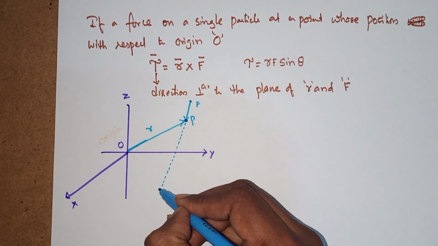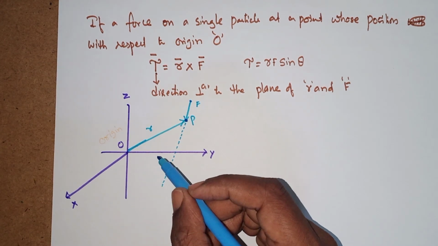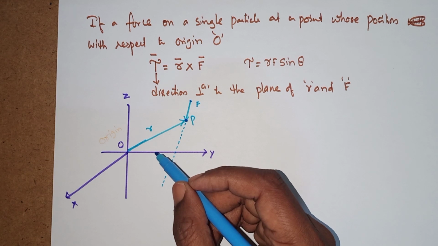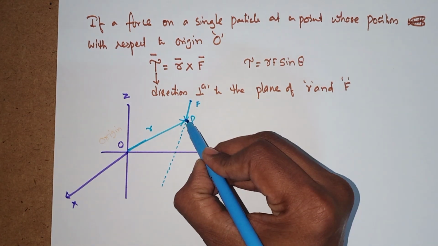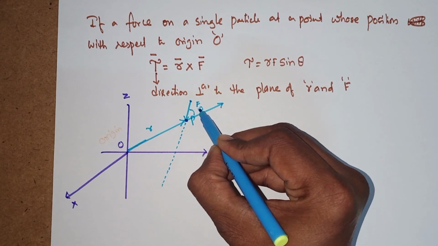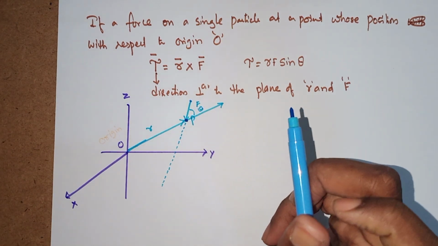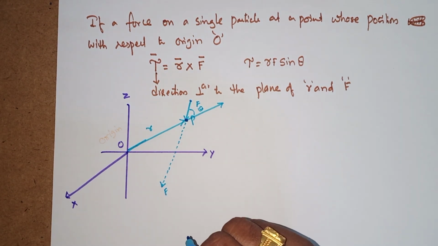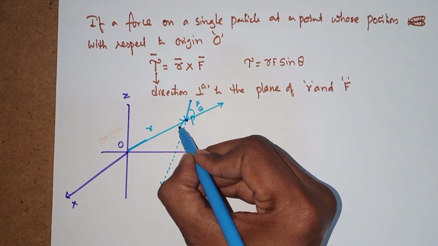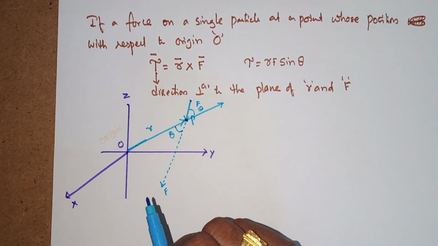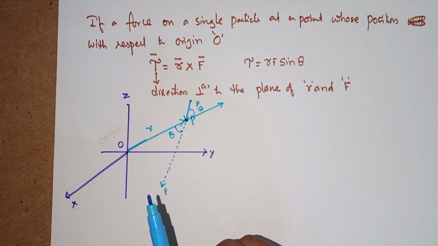You can extend it also, the direction cannot be changed. Now if you extend this r vector, this is theta, so this is the force. Now what is this? This is also theta, both are the same theta.